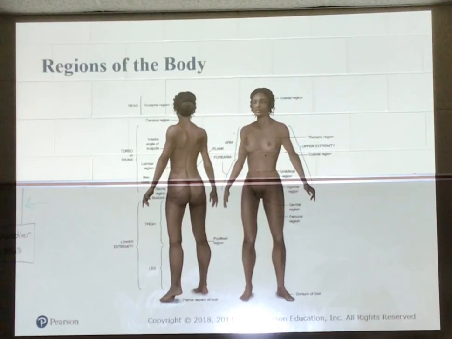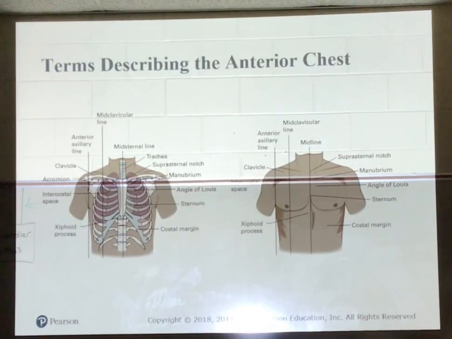Regions of the body. You have the head, torso or trunk, and then your lower extremities. All right? Most of us know these already. Terms used to describe the anterior chest. This is where your midclavicular, mid-axillary, mid-sternal line.